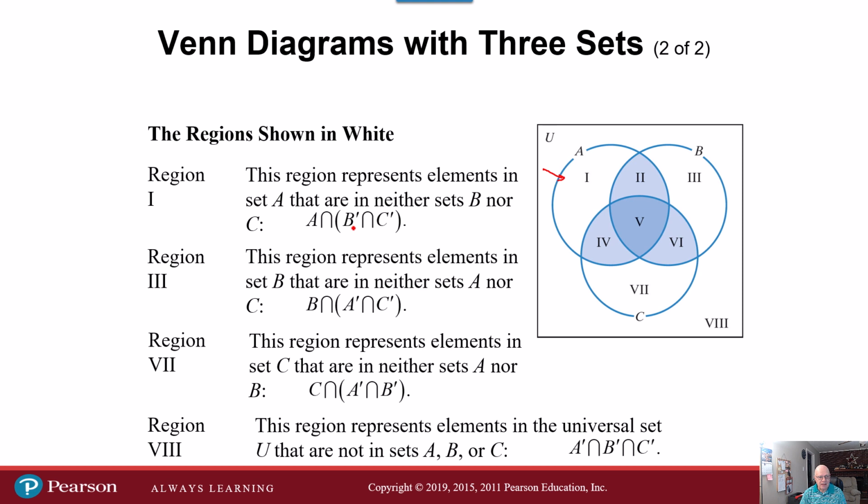As a matter of fact, this is one of those rare cases where you could actually take the parentheses out because they're all intersection. If they're all intersection or all union, you don't really need the parentheses. However, in putting together what this region is, use the parentheses because you can only take them two at a time.